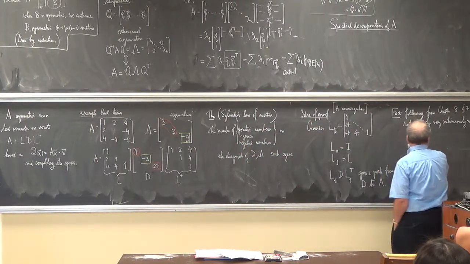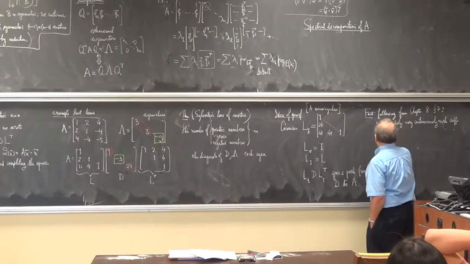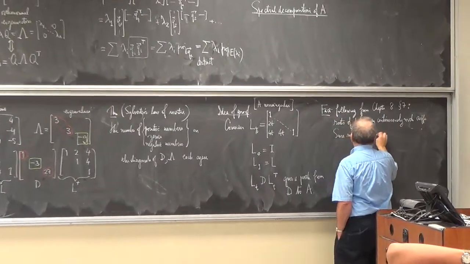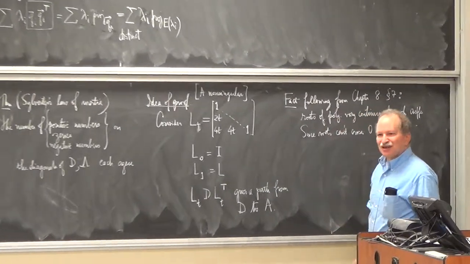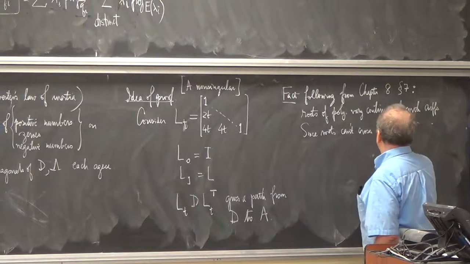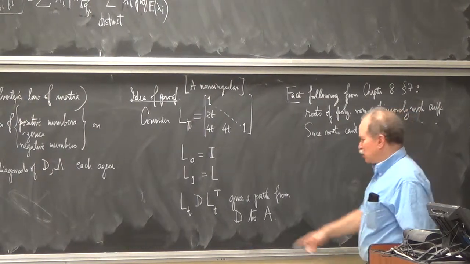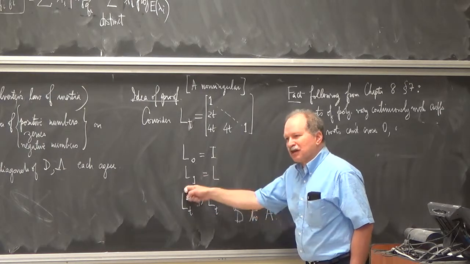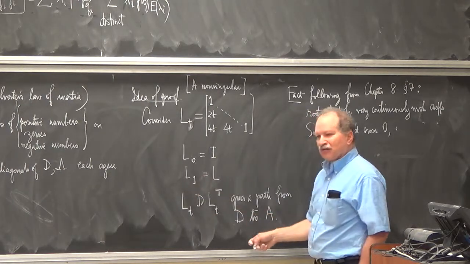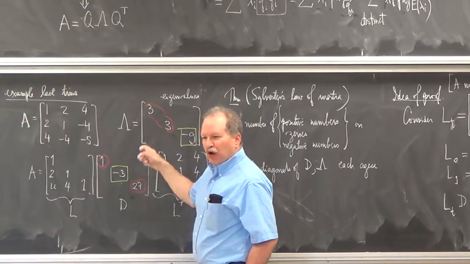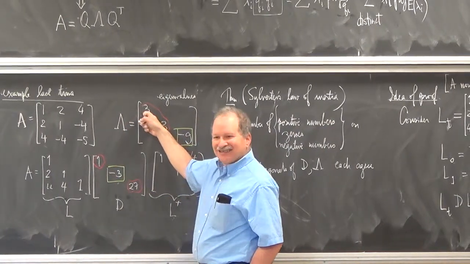But therefore, since the roots can't cross 0, because we stay non-singular, it means 0 is not an eigenvalue, so the signs can't change. As you go through this path, the signs of the eigenvalues of this matrix have to stay the same as they were. This 1 can morph wherever it wants, and eventually it's going to turn into 3.